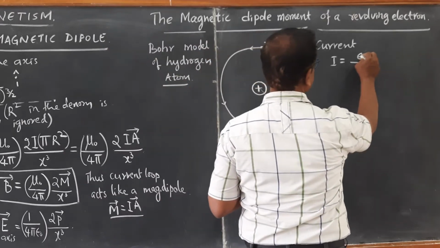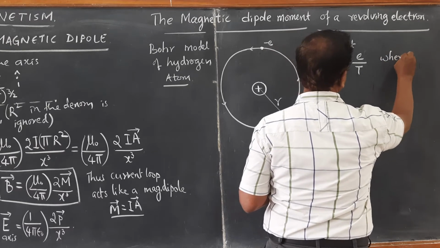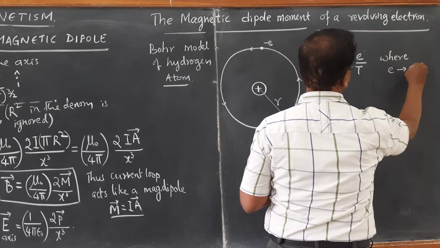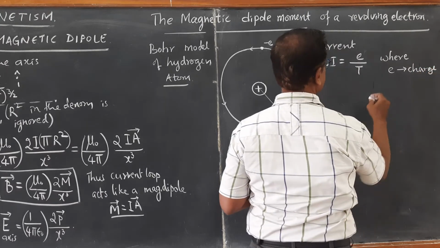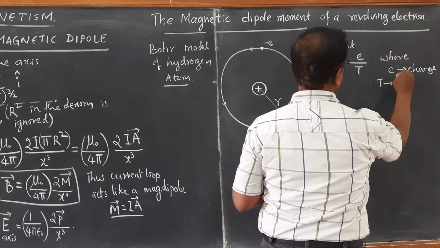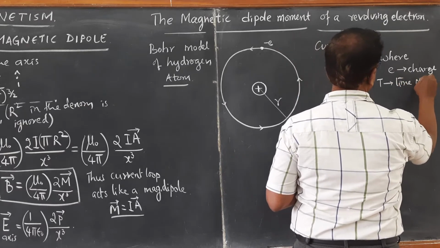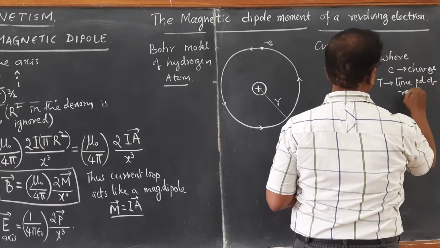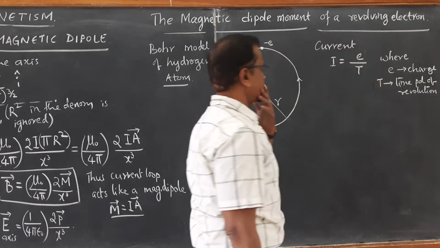So plus e upon T, where e is the basic electronic charge, and T is the period of revolution, the time taken for one complete revolution.